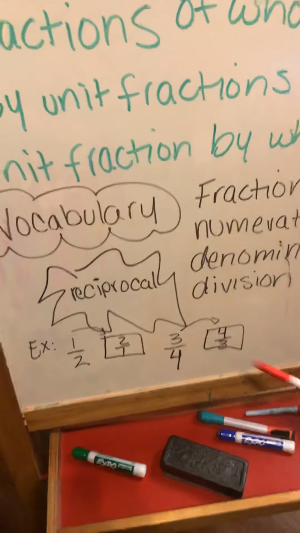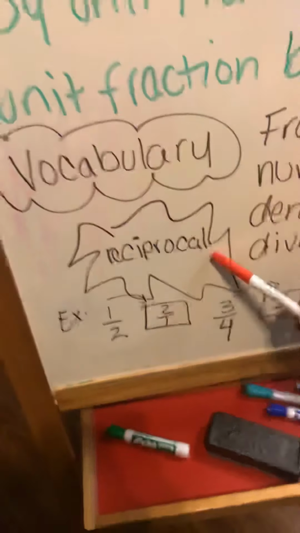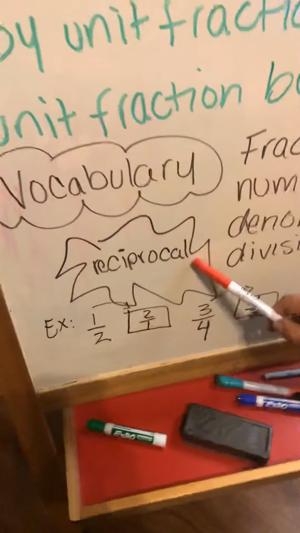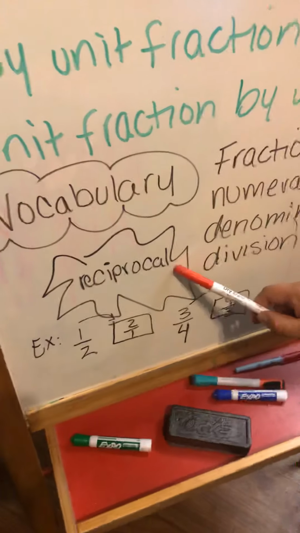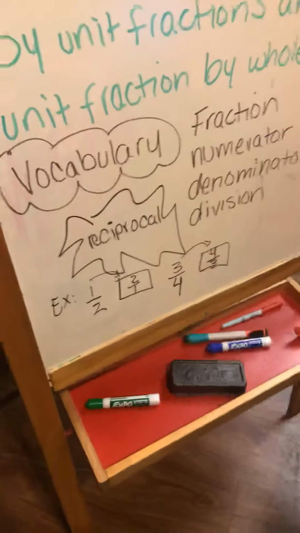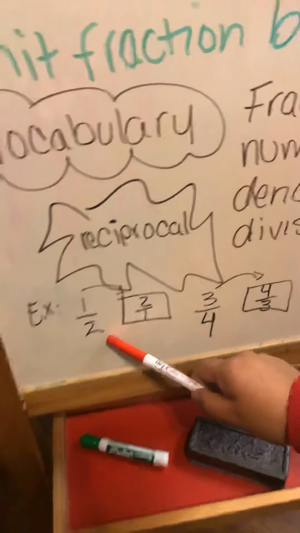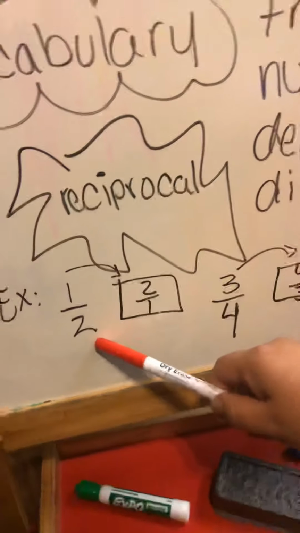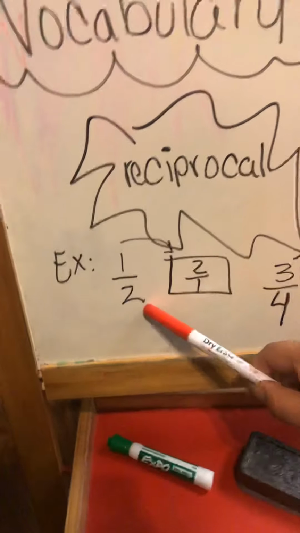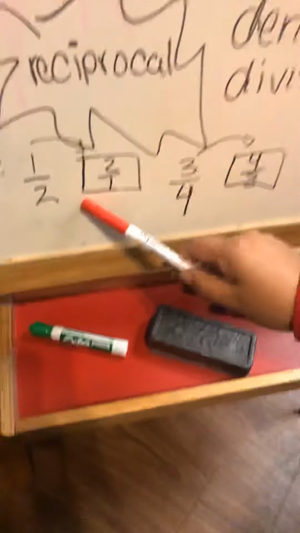And today's new word we're going to be introducing is reciprocal. Everybody please repeat with me, reciprocal. Great, I love that. Yes, what is reciprocal? Well, when we work with fractions, for example, if I have 1/2, the reciprocal of 1/2 is 2/1. What happened right here?